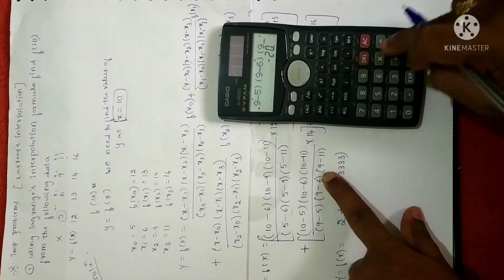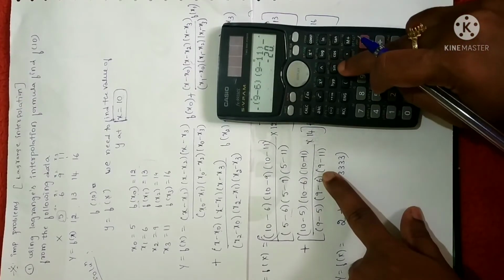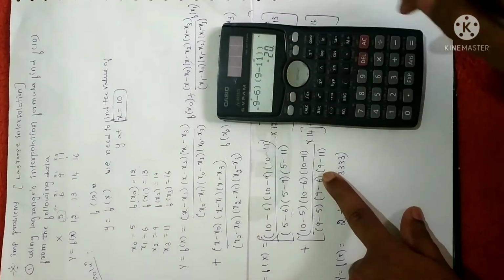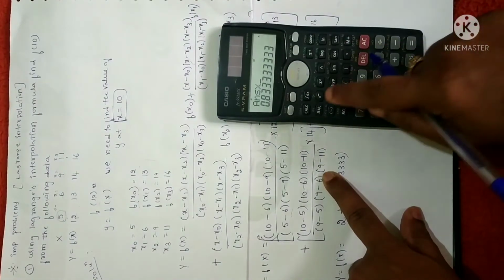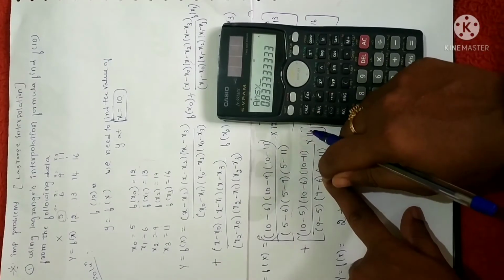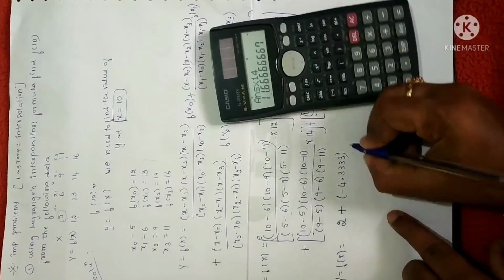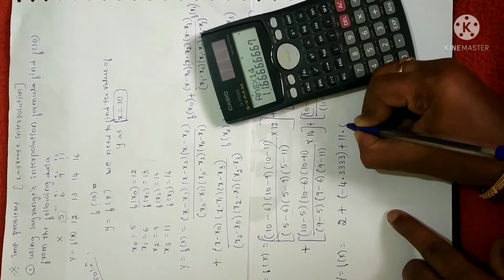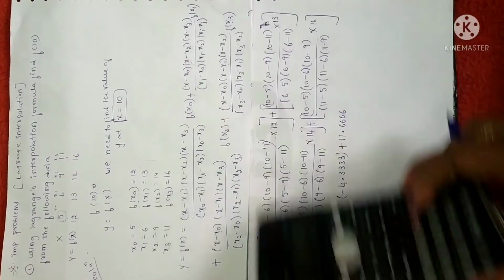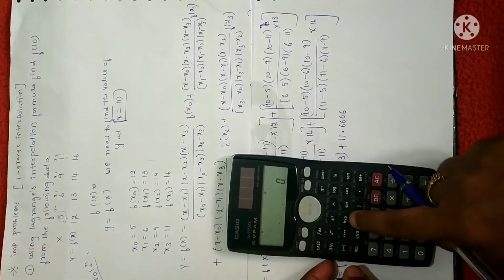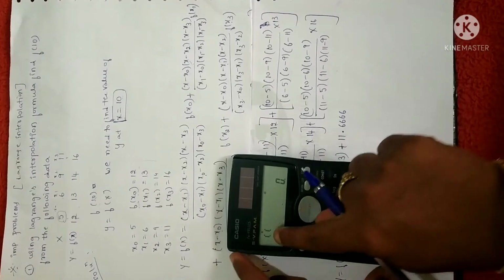Next 9 minus 11. Next close bracket 2 times. Fine, see here I have closed it 2 times. Clear? Next press equal sign. Multiply it with, what is the value you have here? 14, right? So multiply it with 14. You will get 11.6666. Fine. Now I am going to simplify the 4th term. Open 2 brackets.